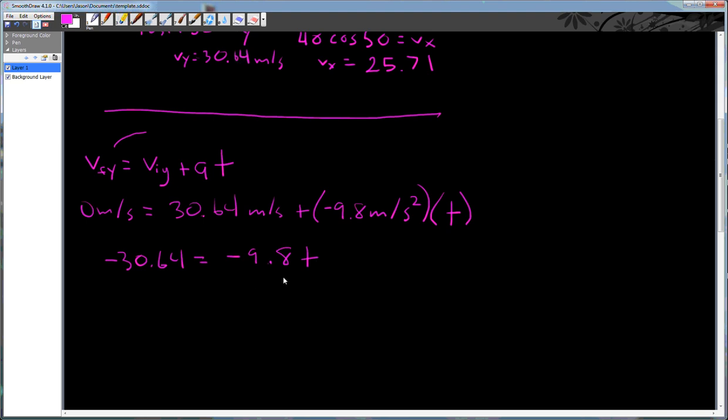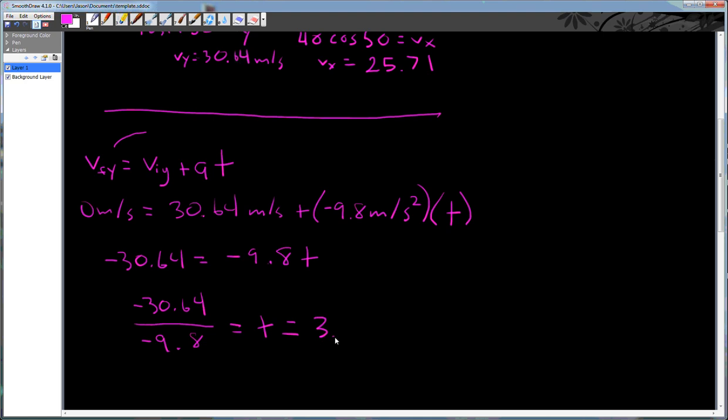I'm going to divide by negative 9.8, so t is 30.64 divided by 9.8, which is 3.12.